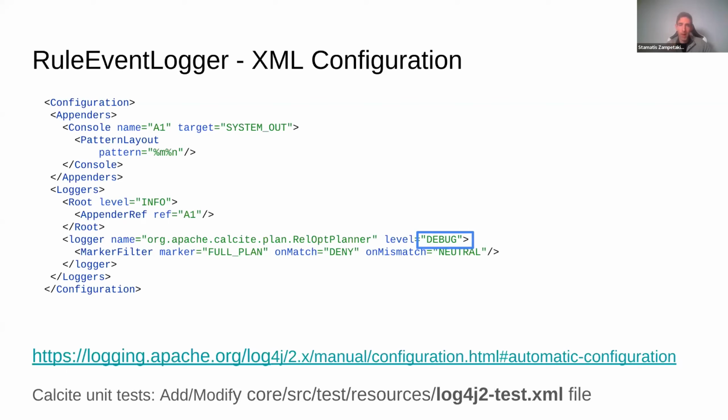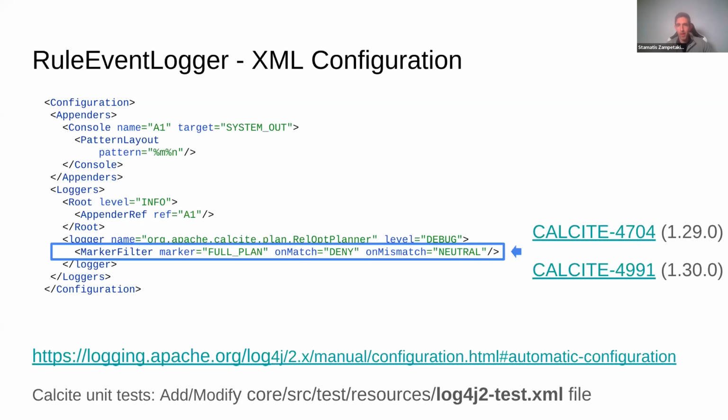When you set it to debug, you'll get a lot of information on how to approach the problem. And then the next part, which is quite new and was introduced rather recently, in Calcite 1.29 and 1.30, is the full plan marker. This marker makes things a bit more verbose, but as you'll see afterwards, it's quite useful.